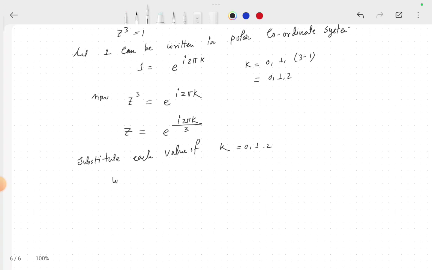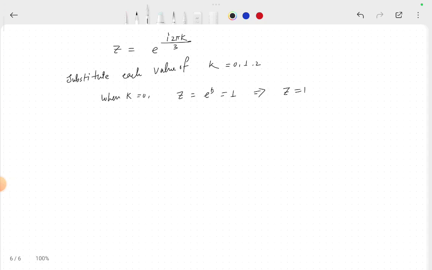When k equals 0, then z equals e to the power 0, so it gives you the root equal to 1. So one root is z equals 1.